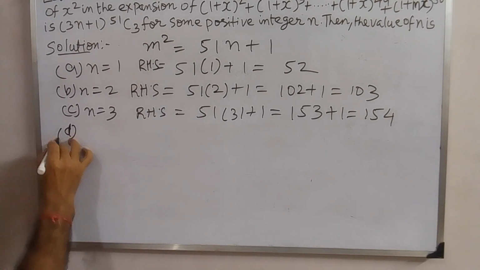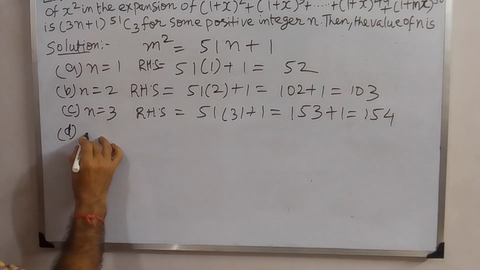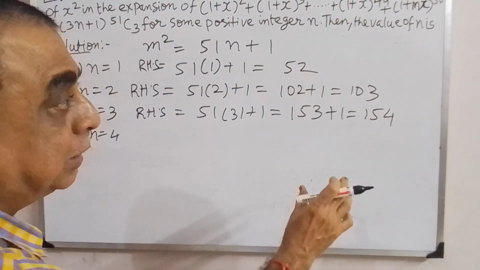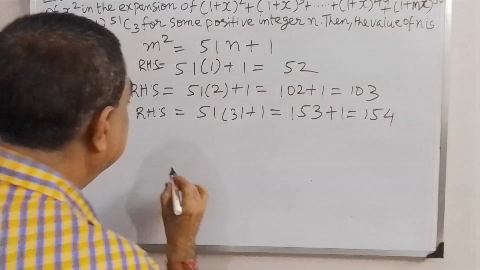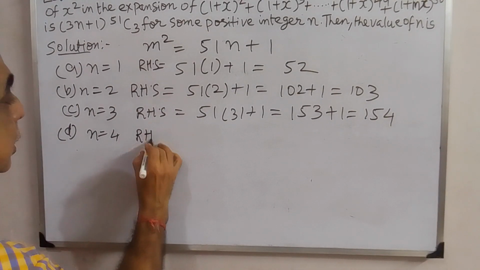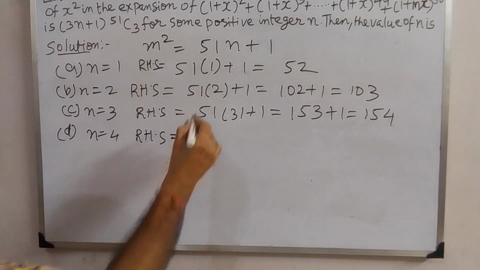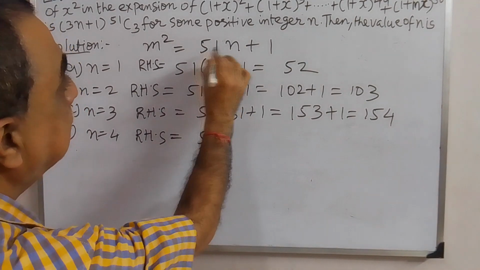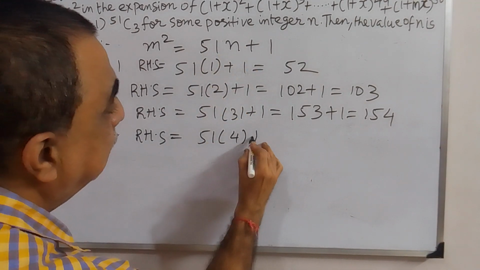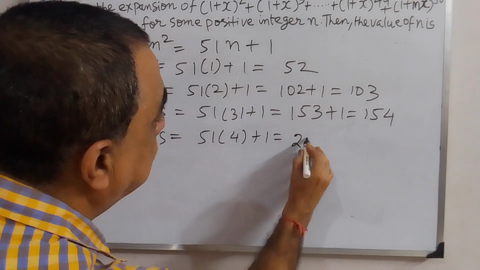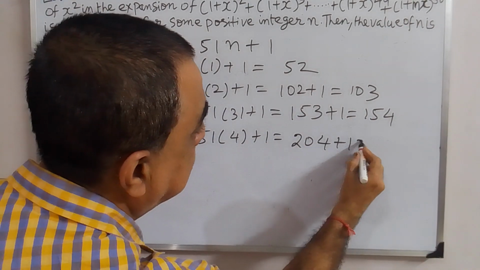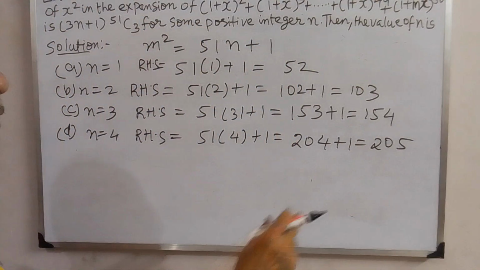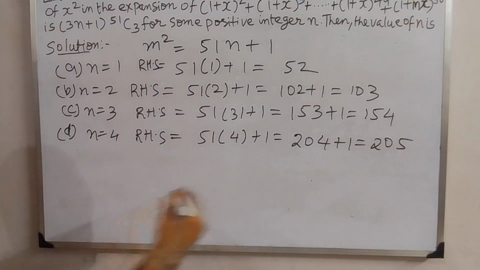Then put n equal to 4. This should be a square of a positive integer actually. Putting n equal to 4, the right hand side will be 51 into 4 plus 1, which is 204 plus 1, which equals 205, which is also not a square of any positive integer.